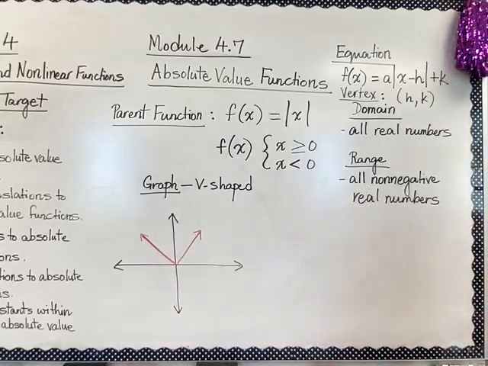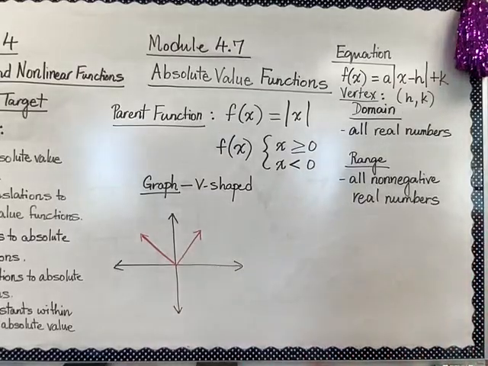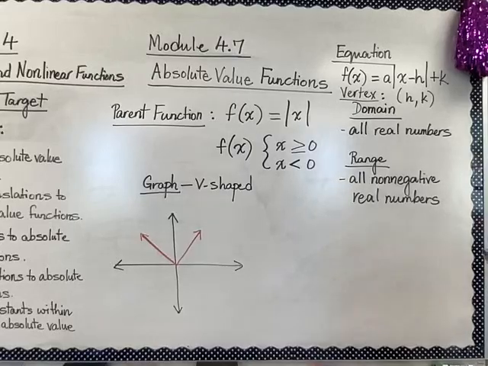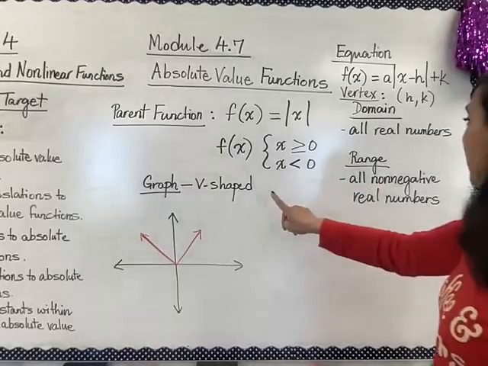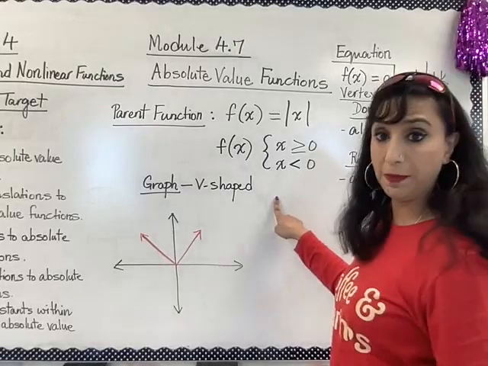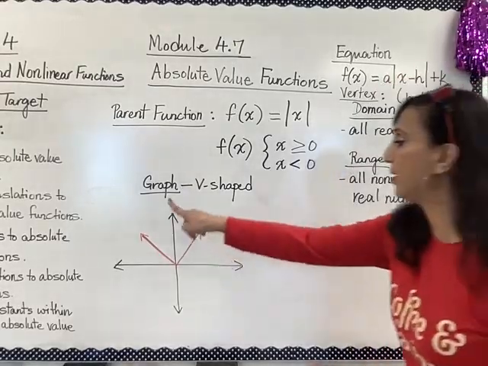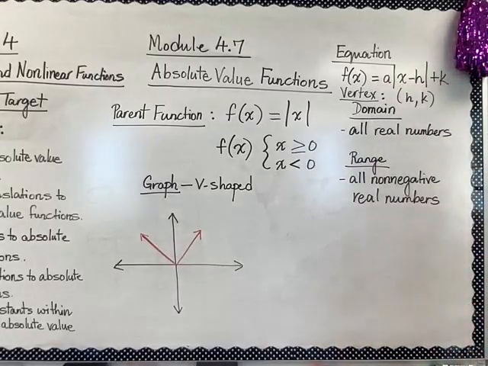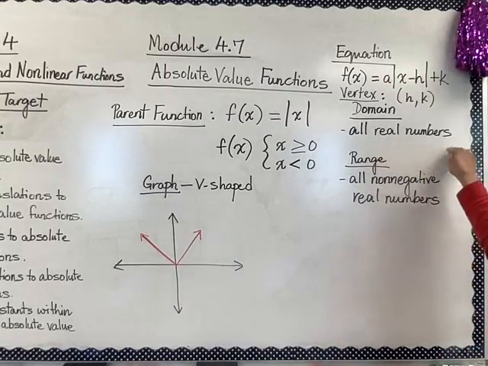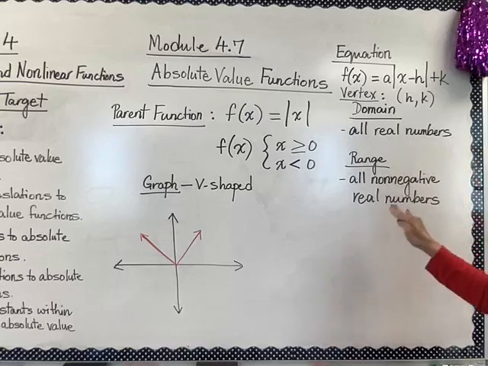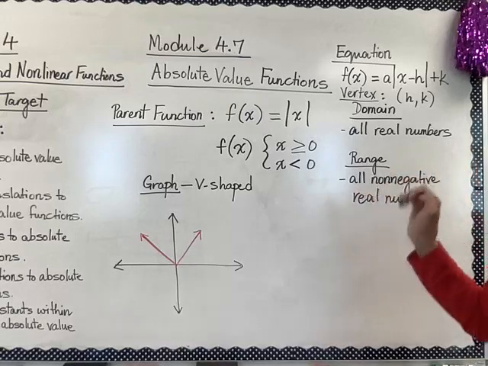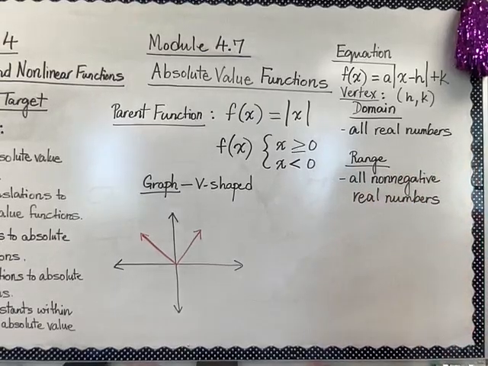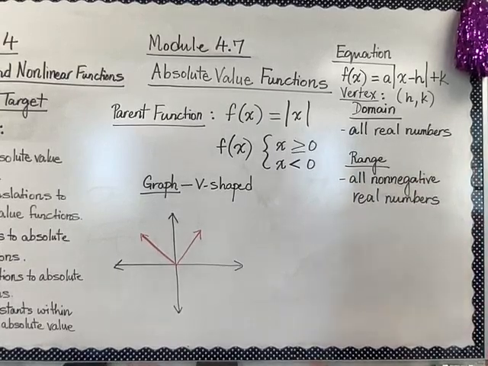Okay, so let's look at a couple of other things here. We just said the graph is V-shaped. Okay, so as you can see, the graph is V-shaped, and we know that the domain is going to be all real numbers, and the range is all non-negative real numbers. Okay?